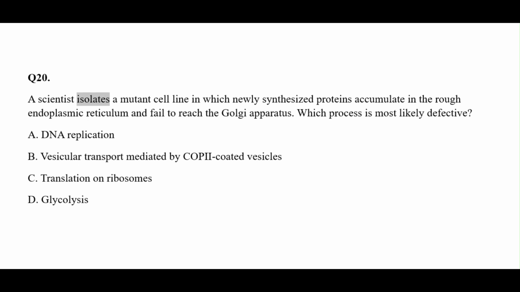Q20. A scientist isolates a mutant cell line in which newly synthesized proteins accumulate in the rough endoplasmic reticulum and fail to reach the Golgi apparatus. Which process is most likely defective? A. DNA replication, B. Vesicular transport mediated by COPII-coated vesicles, C. Translation on ribosomes, D. Glycolysis.